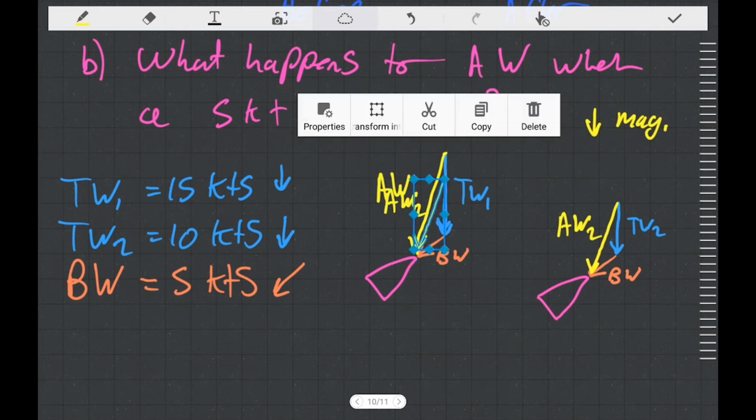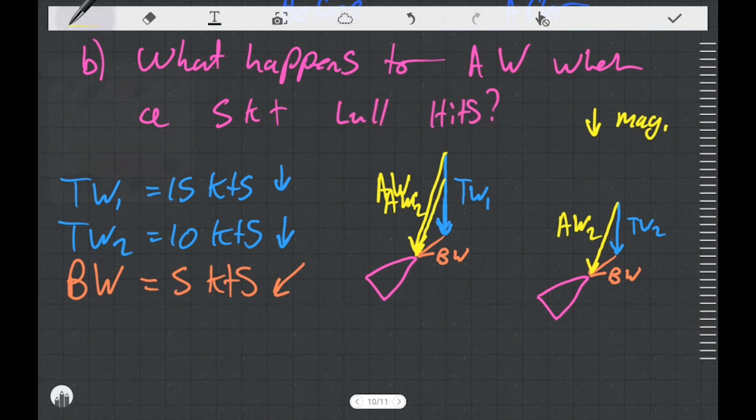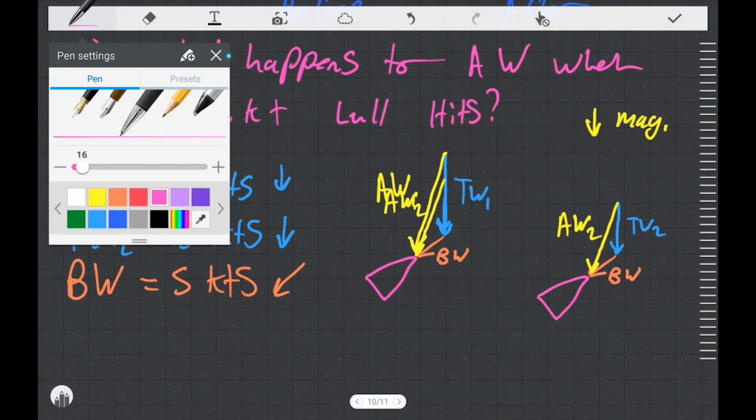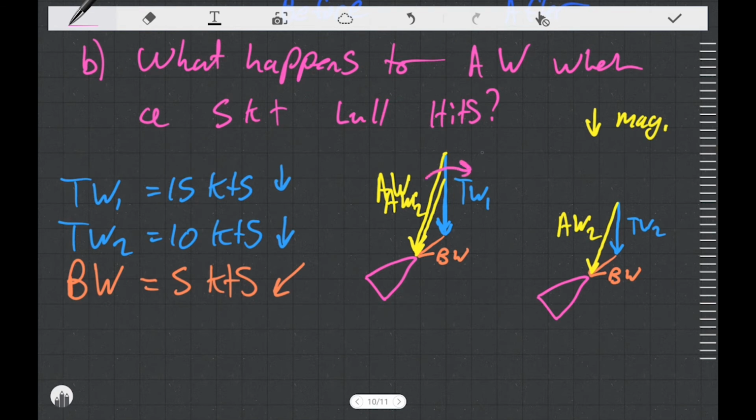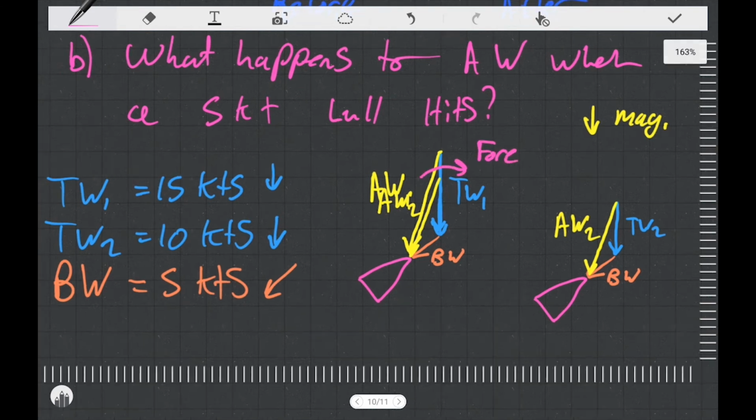So if I line apparent wind 2 up right there, we can clearly see that there was a small rotation in the forward direction. And like we said with the previous example, a rotation in the forward direction is equivalent to a knock. And that's why when you sail into a lull, you often have to bear off.